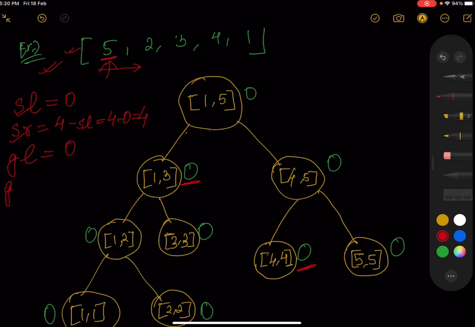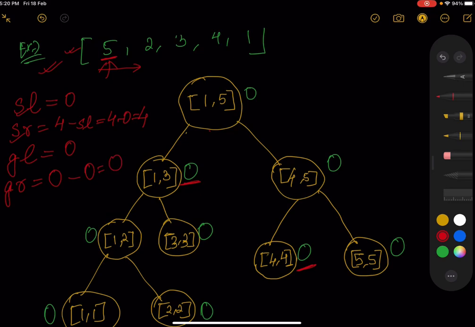So the number of elements greater than 5 lying to the right will be equal to the total number of elements which are greater than 5, so obviously there are 0 of them, minus this GL, that is 0. So this also comes out to be 0.